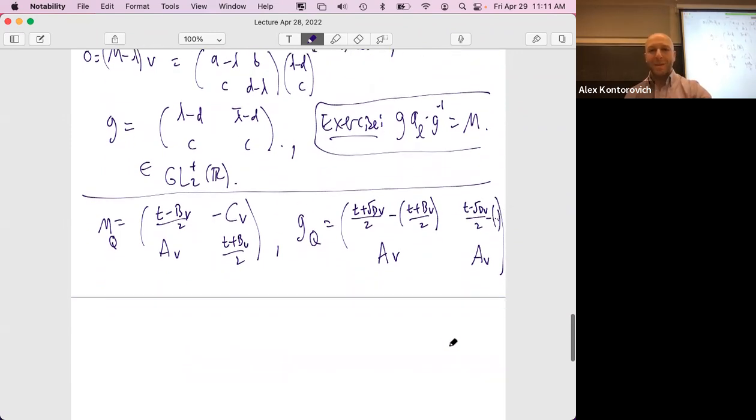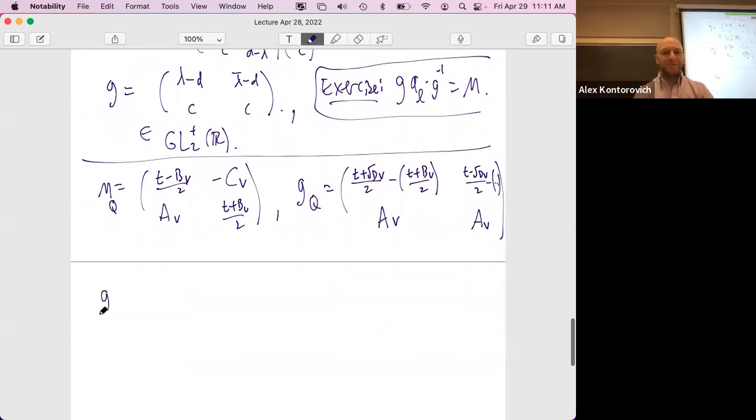Let's keep going. The D entry is this T plus B V. So the T's cancel, and I just get negative B V plus root D over 2.